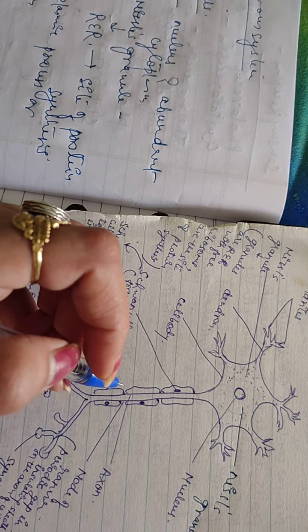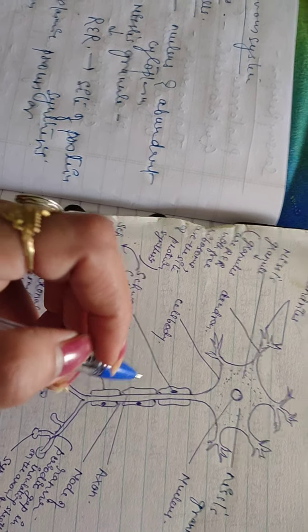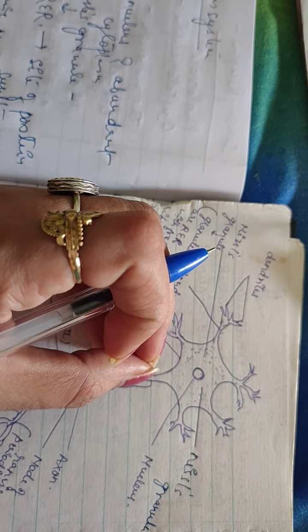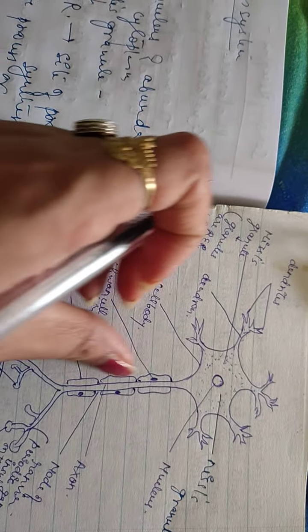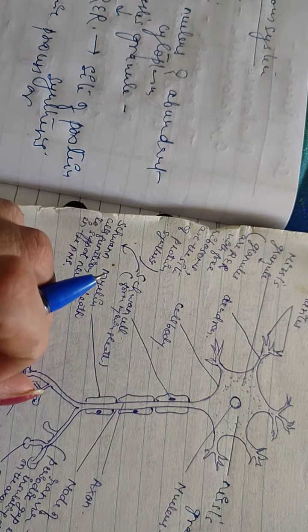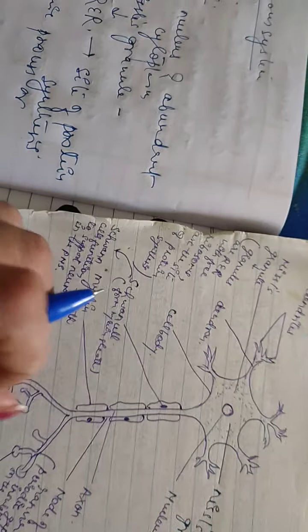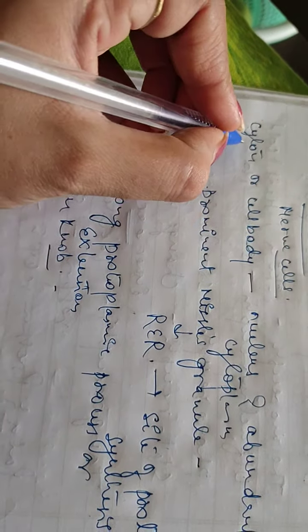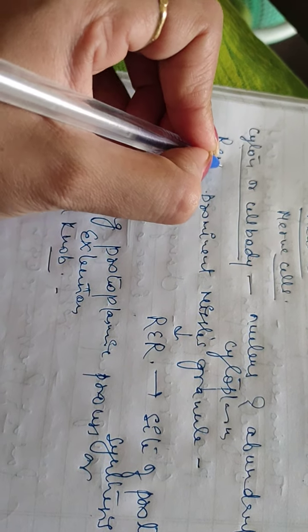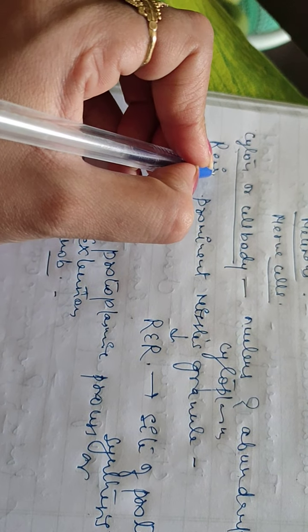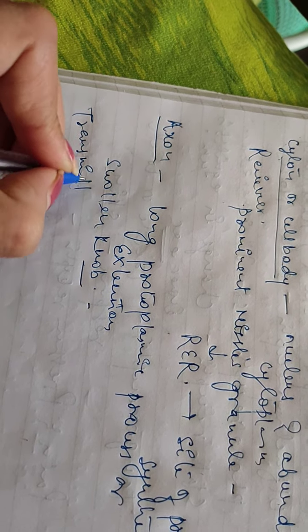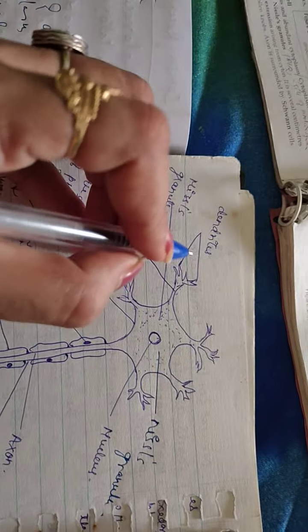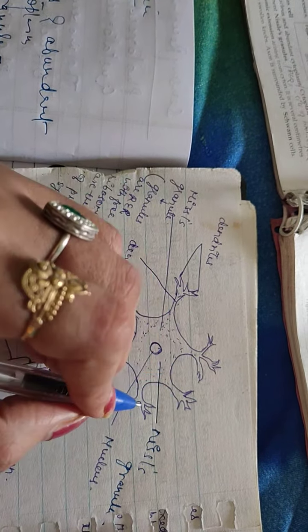If we talk about the function, this cyton receives the messages. You can say that the cyton is the receiver and this axon is the transmitter, because it transmits the messages or impulses. Especially in the cyton, these dendrites are the receivers of the impulses.